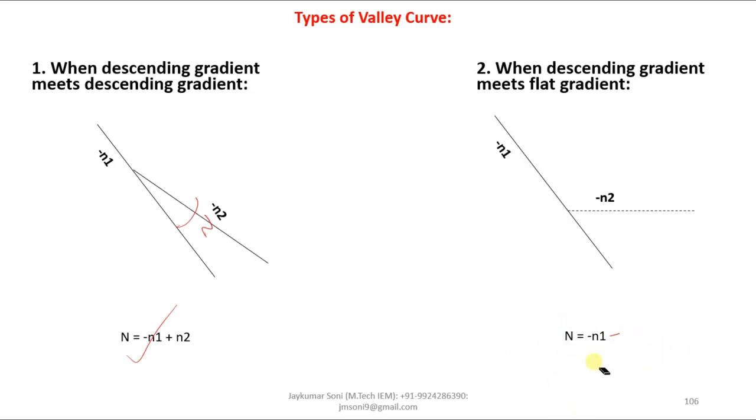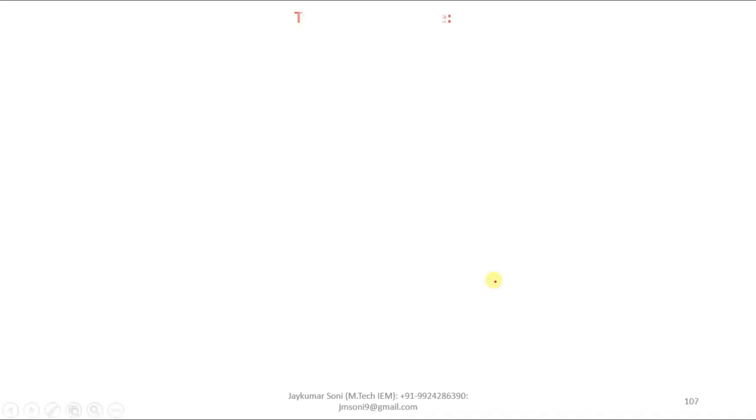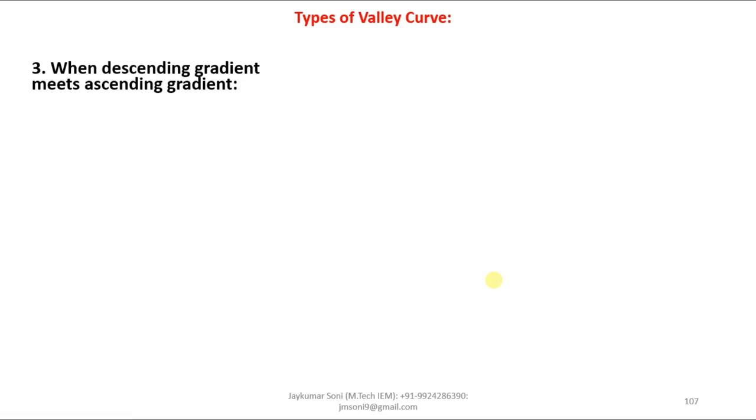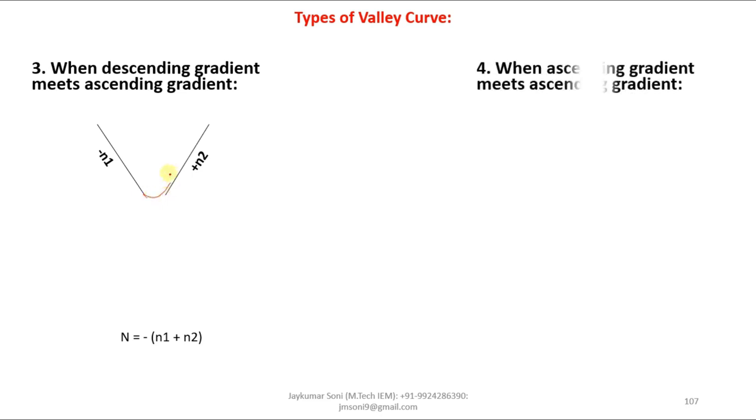So when the descending gradient meets flat gradient, the equation of this particular deviation angle will be minus n1. If a descending gradient meets ascending gradient, the equation for that will be minus n1 plus n2. And the fourth category is when ascending gradient meets ascending gradient, it will be like this.